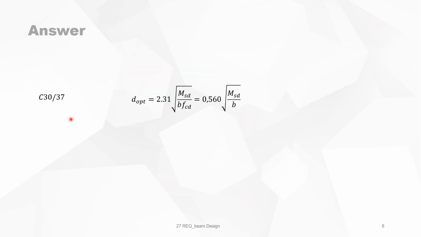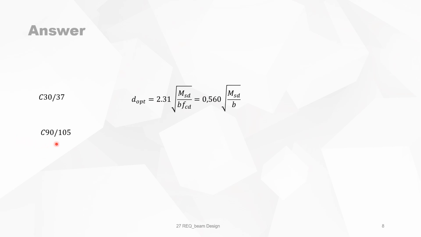So for C30/37, the d optimum was equal to 2.31 times this square root, or if you fill in f_cd, this value you know because it's C30/37, you find this expression: 0.56 times the square root of the bending moment divided by the width of the section.